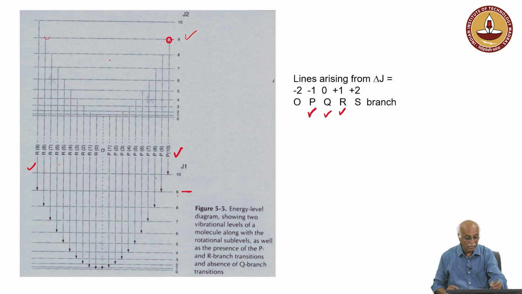Let us say this is plus 1, but here from 9 it can come to, sorry, this is minus 1, because 9 to 9 is 0, 9 to 8 is plus 1, and 9 to 10 is P10, or it can come to R8.